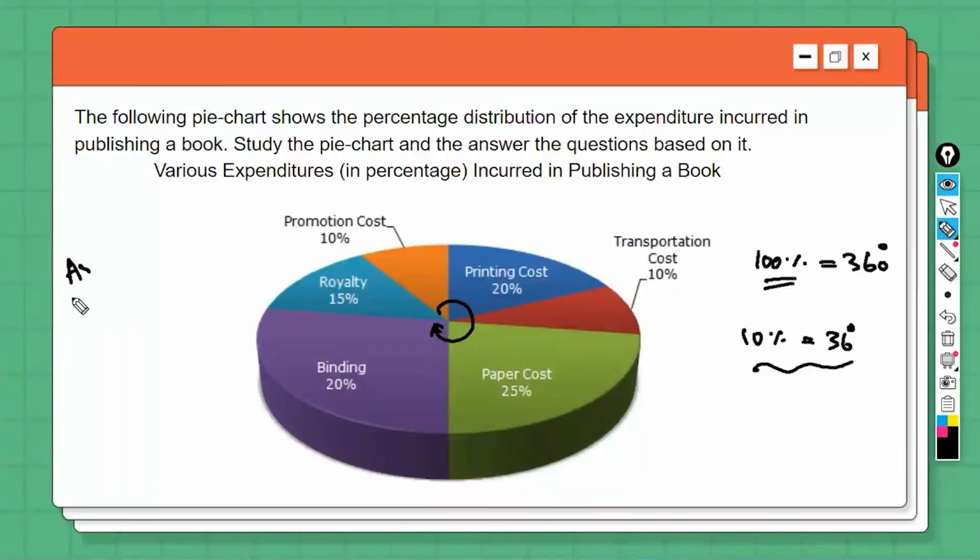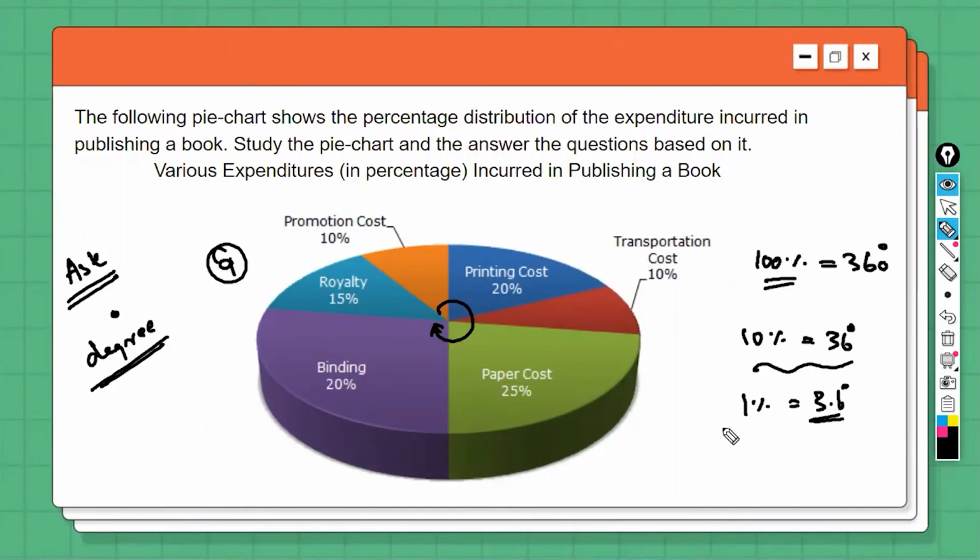One shortcut I want to tell you here is whenever they ask you degrees in a percentage problem, it will be a multiple of 9, because 1% will be 3.6 degrees and there will be 9 inside it. If you multiply the percentage value, highly likely 95% of the time it will be a multiple of 9. So remember this shortcut. This will help you to solve a few problems very quickly. So guys, have you understood the shortcut which I have told you? Yes, no?